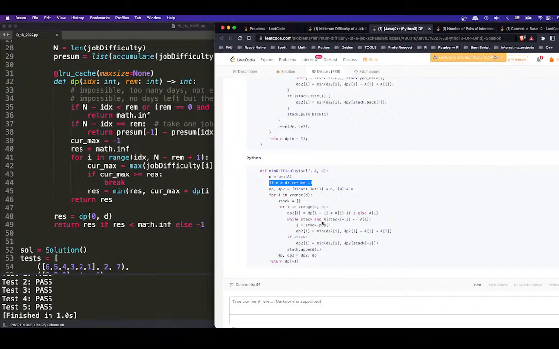If a, the stack pushes index. If this is smaller or equal to, then we'll pop, because the current one is bigger. Current one is bigger. Is it monotonically increasing?